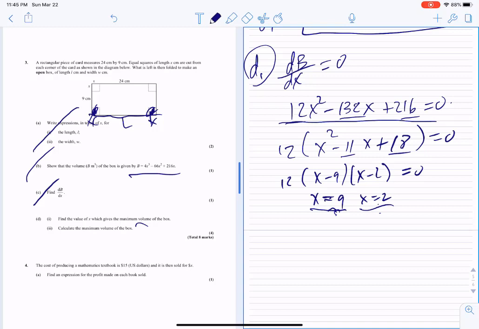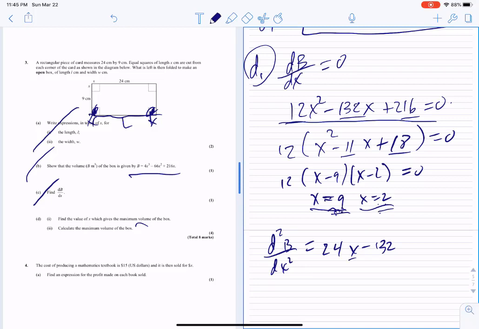So we'll take the second derivative, which we'll call d squared b over dx squared, which is your second derivative notation, which we don't frequently use anyway. This will be 24x minus 132, and that's it. Okay? And now what I'm going to do is plug in both of these values, 9 and 2, into this value for x.